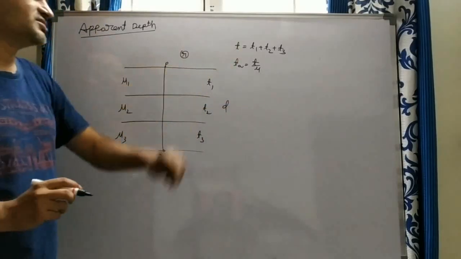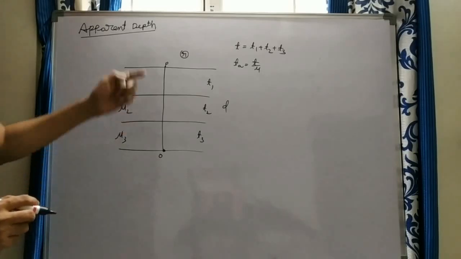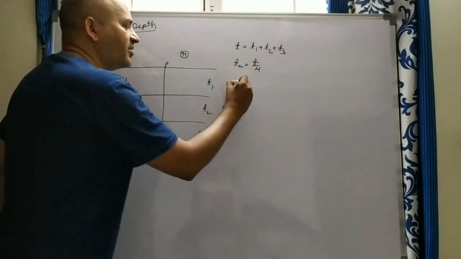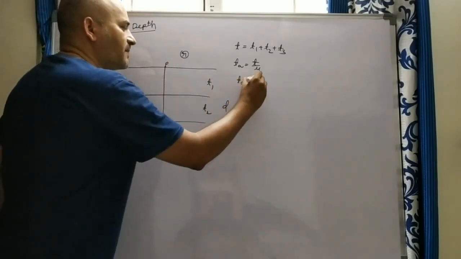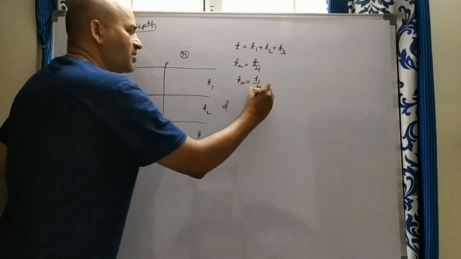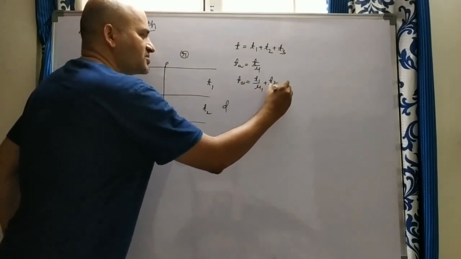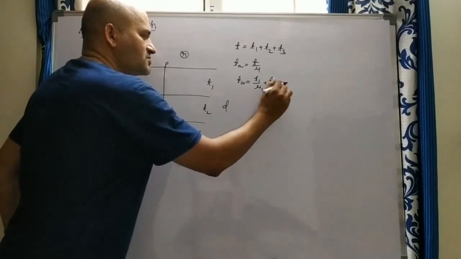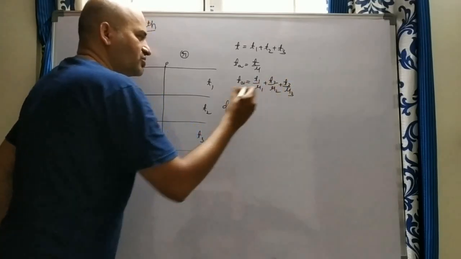Then T apparent is equal to T by mu. So from that we get T apparent equal to, for the first part T1 by mu1, plus for the second part T2 by mu2, plus T3 by mu3.